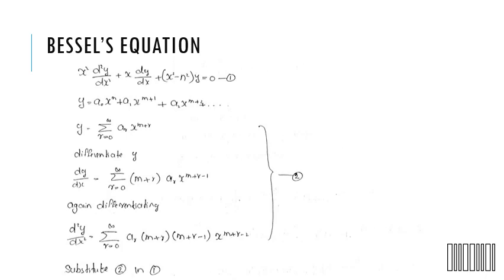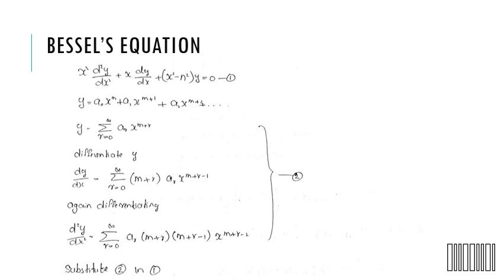We get summation of r equal to 0 to infinity (m plus r) ar x raised to m plus r minus 1, and again differentiating dy by dx, we get d square y by dx square, that is summation of r equal to 0 to infinity ar into (m plus r) into (m plus r minus 1) into x raised to m plus r minus 2.